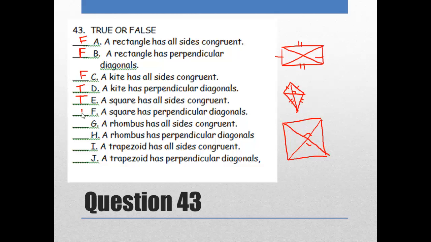True story. A rhombus has all sides congruent. Well, that's true. Yay! A rhombus has perpendicular diagonals, and that's also true. That's where the square gets it from. A trapezoid has all sides congruent. Well, that's just silly. A trapezoid has perpendicular diagonals. Not necessarily.